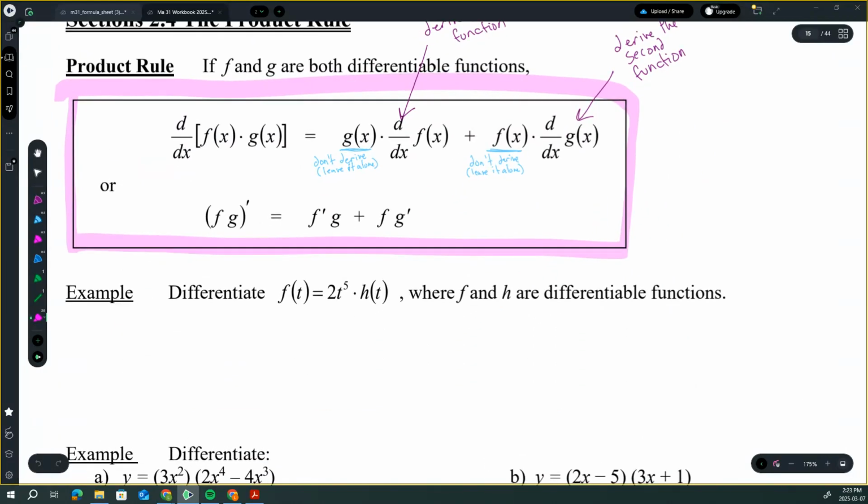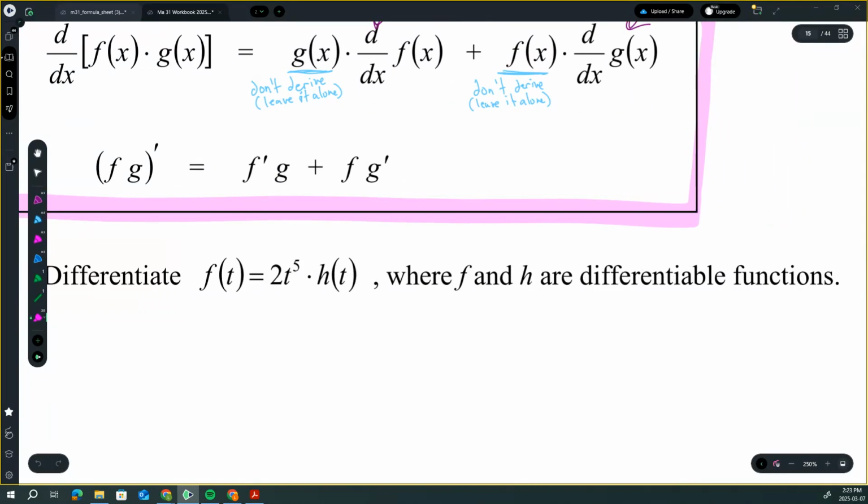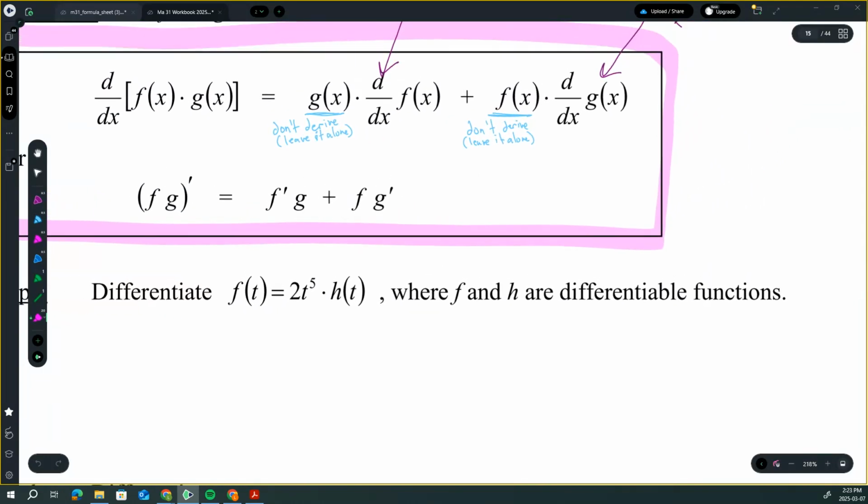Okay, so let's start off with something that's not too bad. And what I'm going to do is just label the functions so that they're easier to tell. So we're asked to differentiate f of t, which is equal to 2t to the power of 5 times h of t, where f and h are differentiable functions.